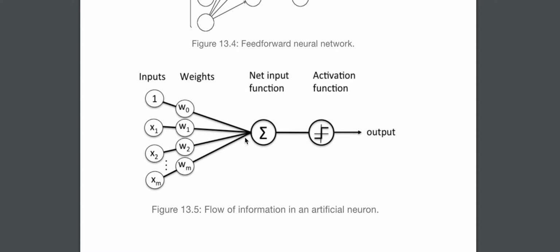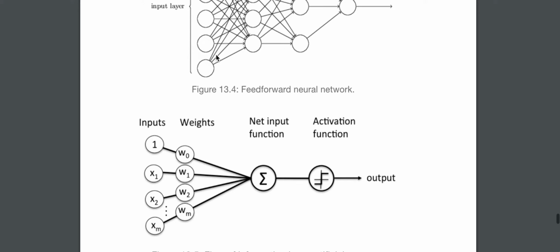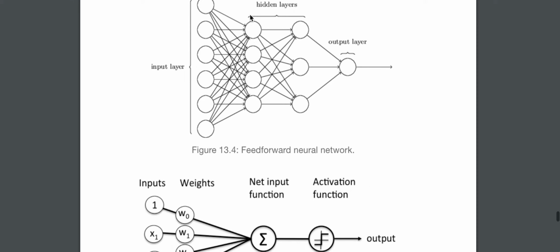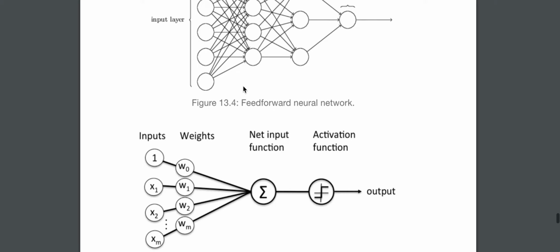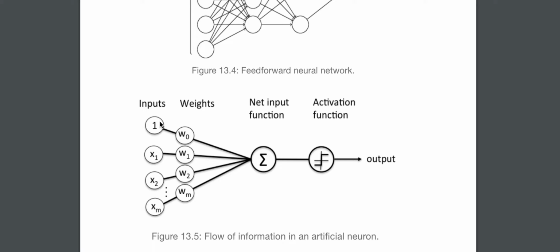Now, what is each of these nodes? Each of these nodes is one of these. I'm zooming in on one of these nodes, and each node receives input from the layer before it. Imagine you have these inputs. One here is just the intercept, and then you have x1 to xm, imagine you have m features.